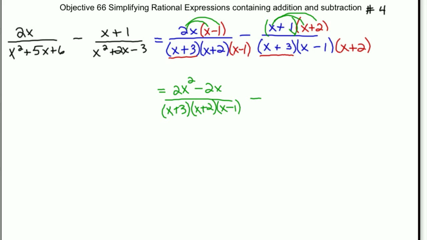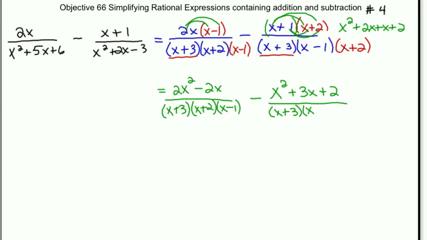I'll have multiple distribution here. So it's x squared plus 2x plus x plus 2, which when simplified becomes x squared plus 3x plus 2 all over x plus 3, x plus 2, x minus 1.